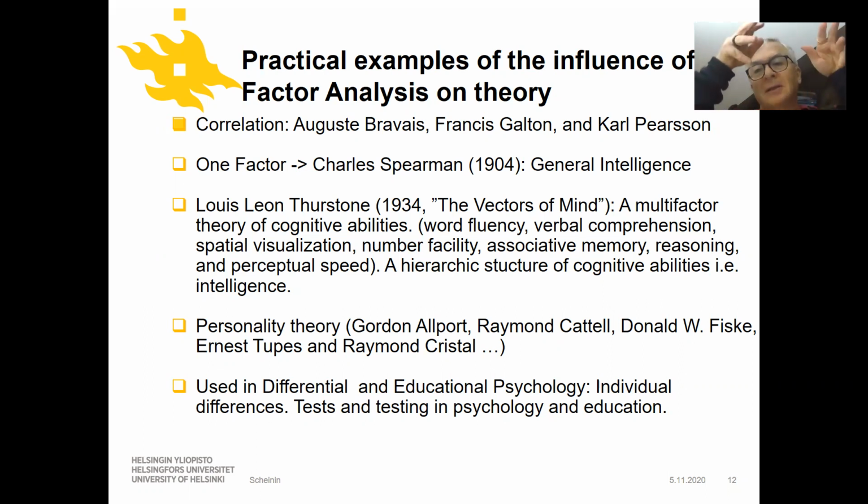So that's what the machine first counts out, and then it produces a factor analysis. The starting point was something of a similar kind as an item analysis. So they had a one-factor model with Charles Spearman, continuing the study on general intelligence. And then Louis Thurstone and others went in for a more multifaceted explanation of the way cognitive abilities go together.